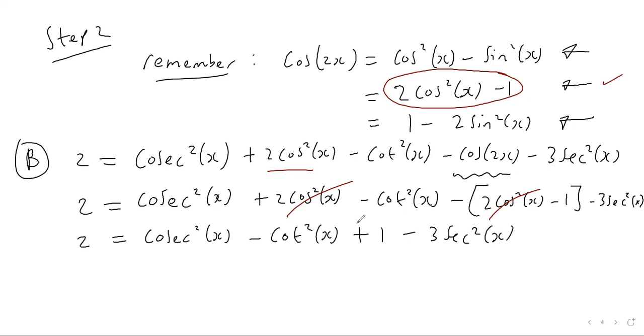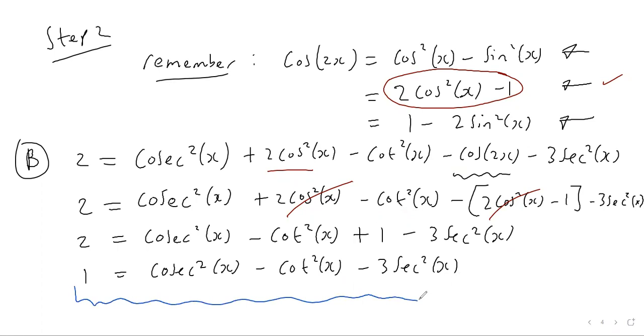We can take away 1 from both sides. If we do that, we get 1 is equal to cosec squared x minus cot squared x minus 3 sec squared x. I'll call this equation we get down here equation C.